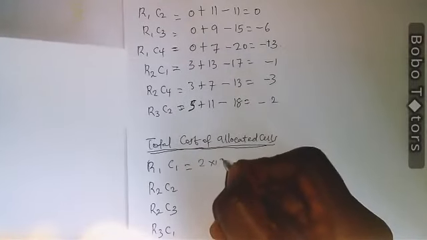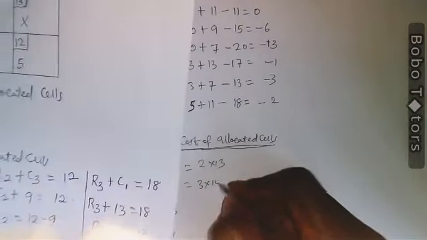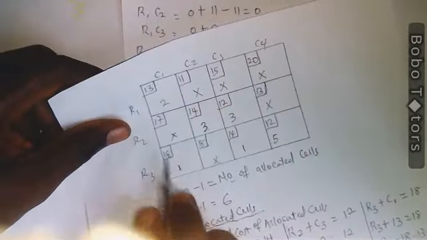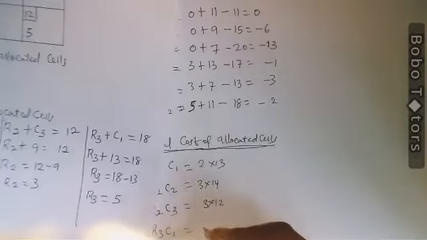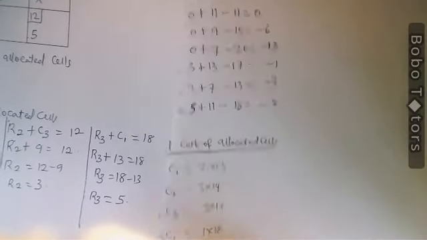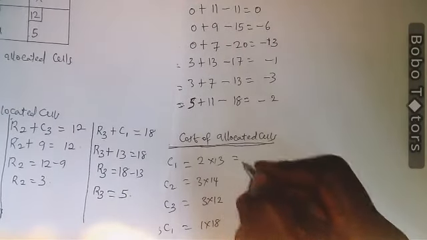So you now multiply 2 times 13, 3 times 14, 3 times 12, 1 times 18, then 1 times 14, then 5 times 12.